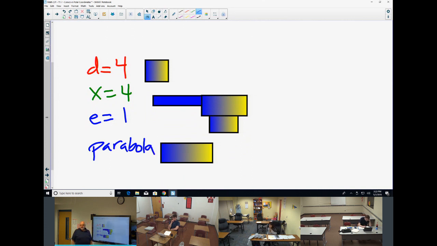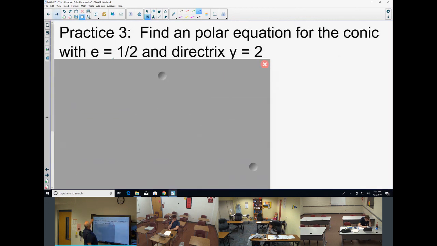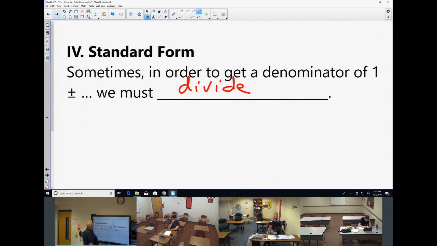Okay. So now, we're going to skip to part 4. Part 4 says sometimes in order to get a denominator of 1 plus or minus something, you have to divide.